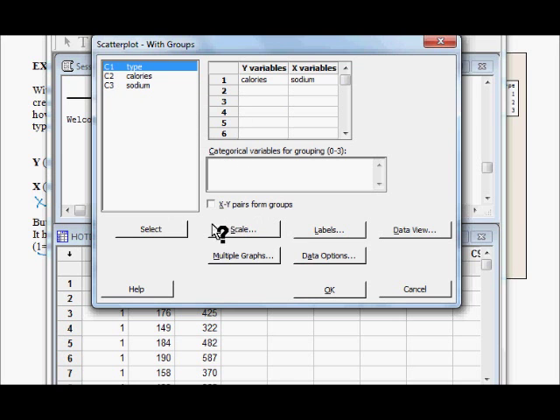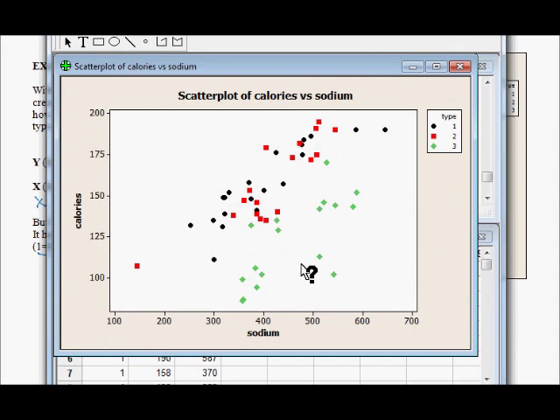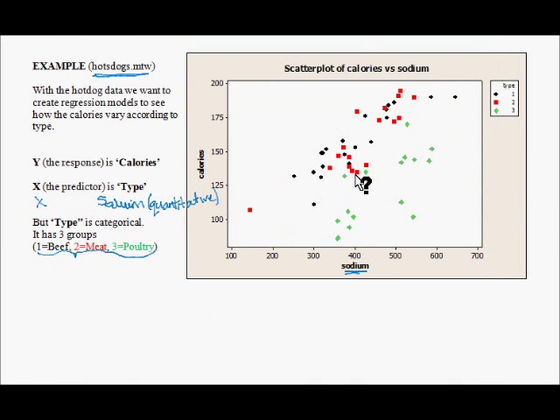That's going to be another x. So there's our plot. So we can see type 1, where the beef hot dogs are. Type 2, we can see the red where the meat hot dogs are, and type 3 we see the poultry. So that's the plots we have here on the handout.